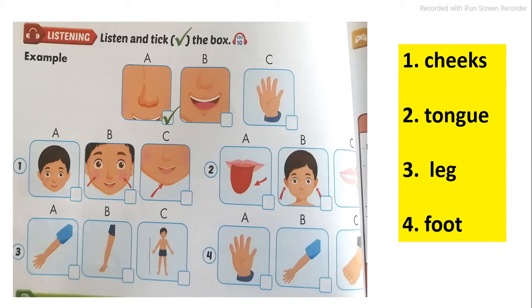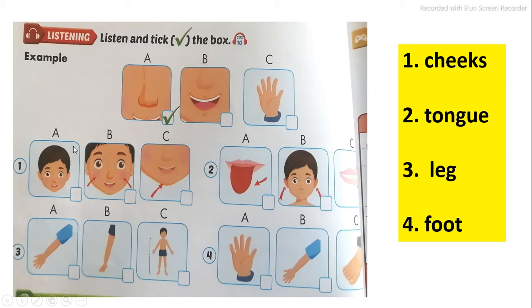Section A says listen and tick the box. I'm going to call out the words and you're going to tick the box. Can you see the example in number 1? Nose, and we're going to put a tick at the bottom of the picture.